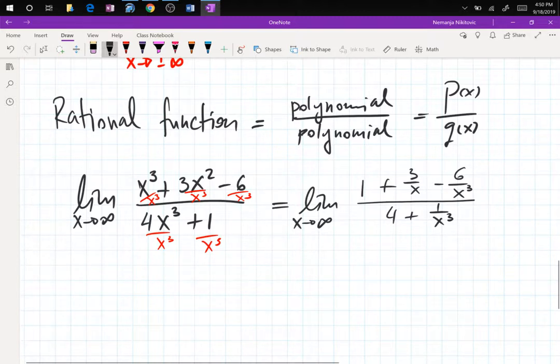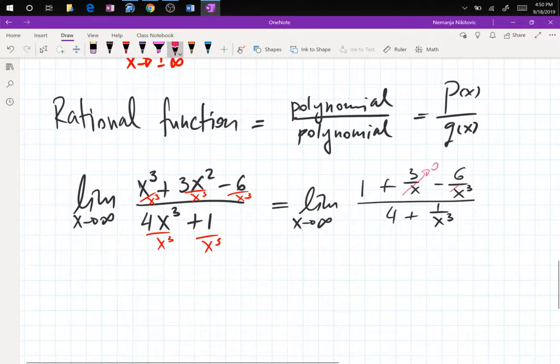Anyway, so anytime you divide a finite value, 3, 6, 1, 10,000, I don't care, by infinity, you have to get 0. Because you cut it up so much that it just goes away, right? So every single one of these terms is going to go to 0, and you're left with 1/4. And the problem is done.